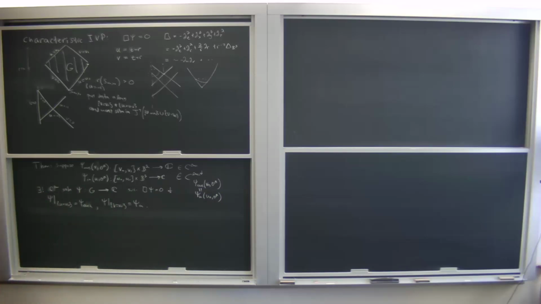Okay. Any questions? So we do not require any further derivatives of psi out and psi in to match. Also that doesn't make sense if you think about the picture. They're tangent along these null hypersurfaces coming in.